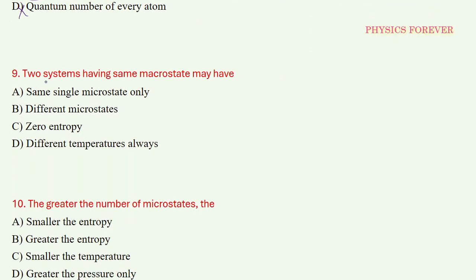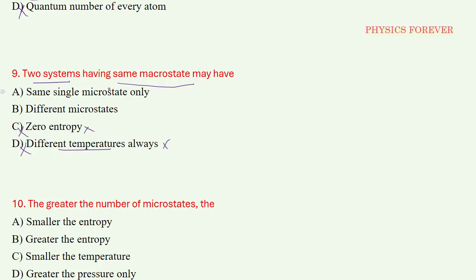So here, question number 9: two systems having the same macrostate may have which one is correct? Two systems having the same macrostate may have different microstates. So option B is correct. Zero entropy will not come, a different temperature will not come. It may be A or B. It should be a single same microstate only or different microstates. These two will definitely not come, so we have to choose this one.